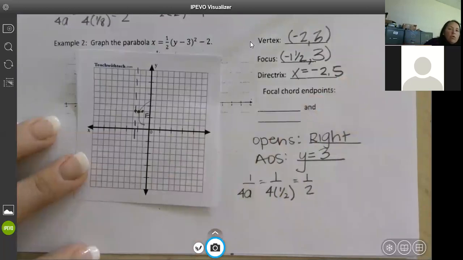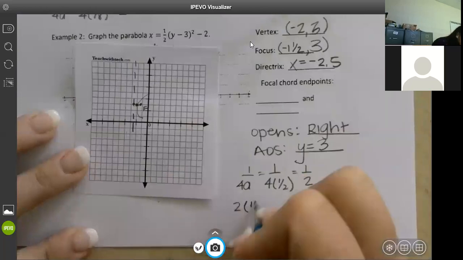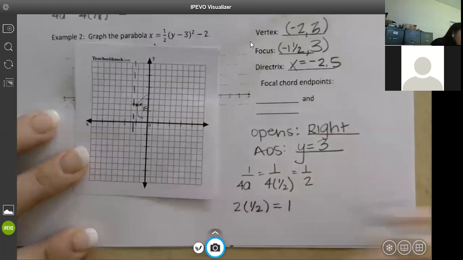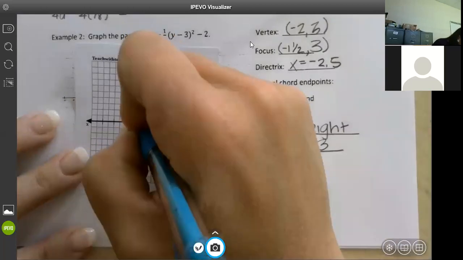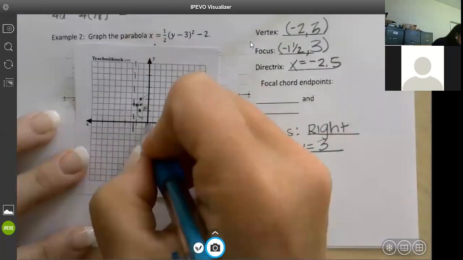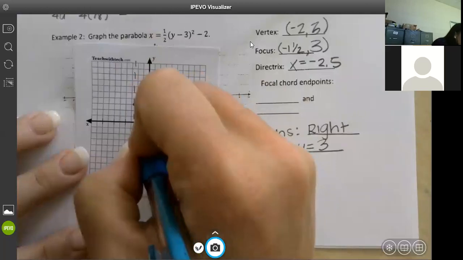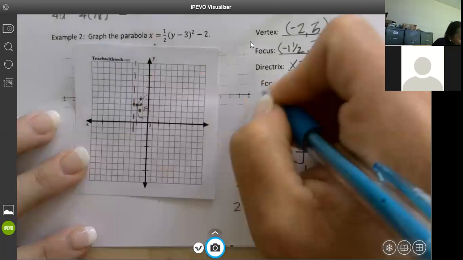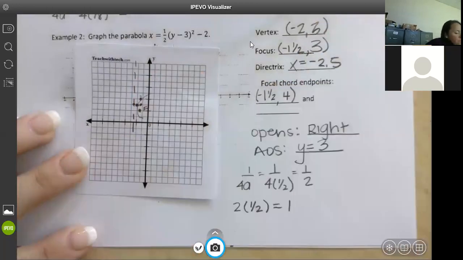All right, so focal chord endpoints. We do 2 times C, which is 2 times 1/2 or 1. So we go up 1 and down 1 from the focus. So look at your first coordinate. I'm going to go with the higher one. We went over -1/2, up 1, 2, 3, 4. -1 and 1/2, up 4.